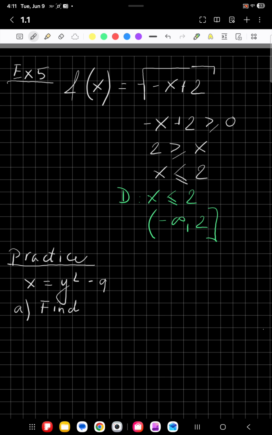I'm just going to write find intercepts. Then B will be determine symmetry. And then C, is this a function?